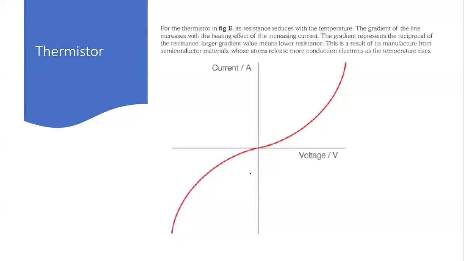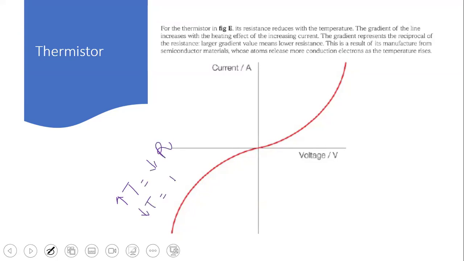I told you that when the temperature increases, resistance increases. That is something that applies to a conductor that's made up of metal. Semiconductors work differently than metals. Hence, in a thermistor, the relationship is actually opposite. High temperature leads to low resistance, and low temperature leads to high resistance.